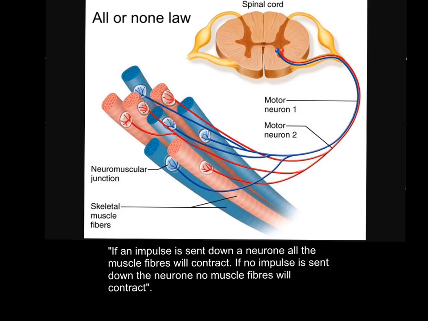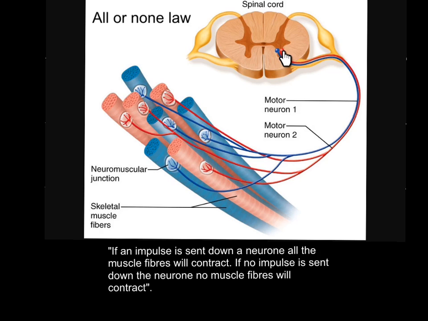So the point I'm trying to make is this. If we look at motor neuron 1 here, the blue one, if that cell body produces an impulse, the impulse will travel down the blue neuron, down all branches of it, and all of the blue muscle fibres will contract. Not half, not one, not three, all four of them in this instance.